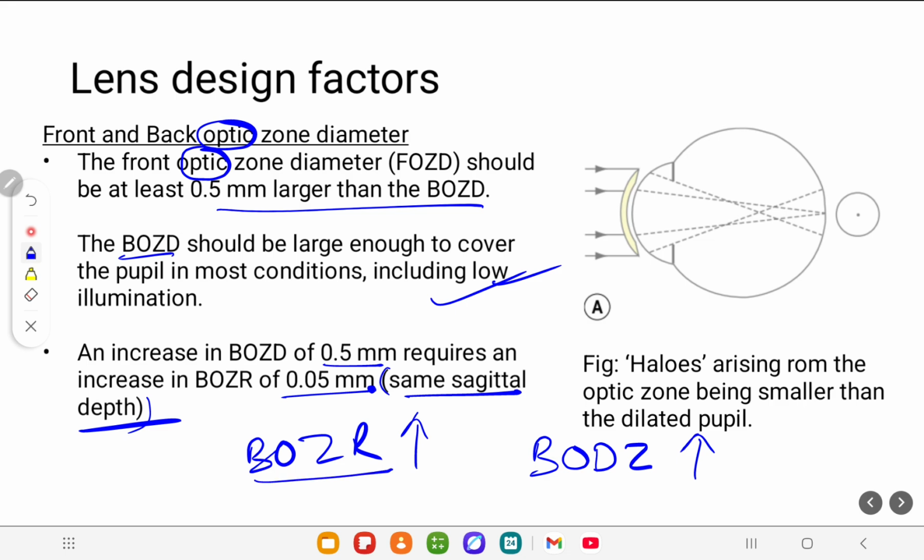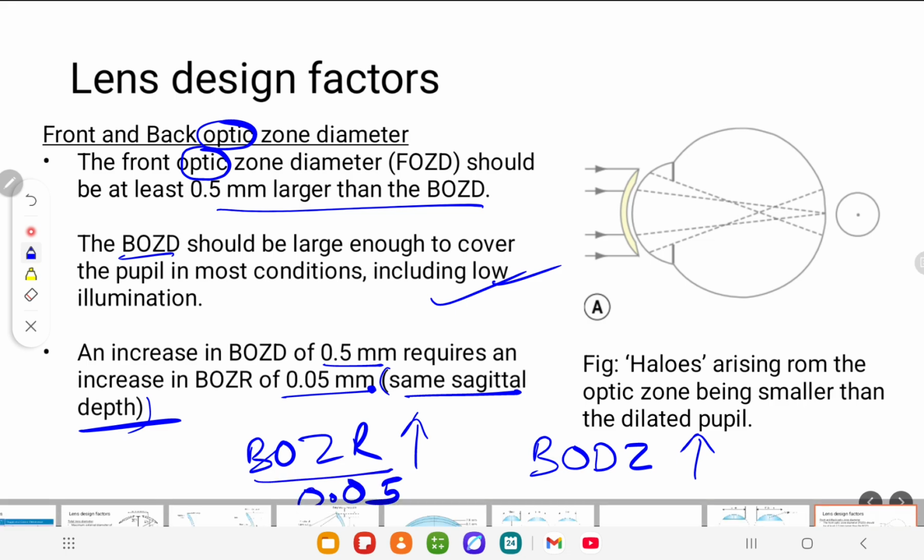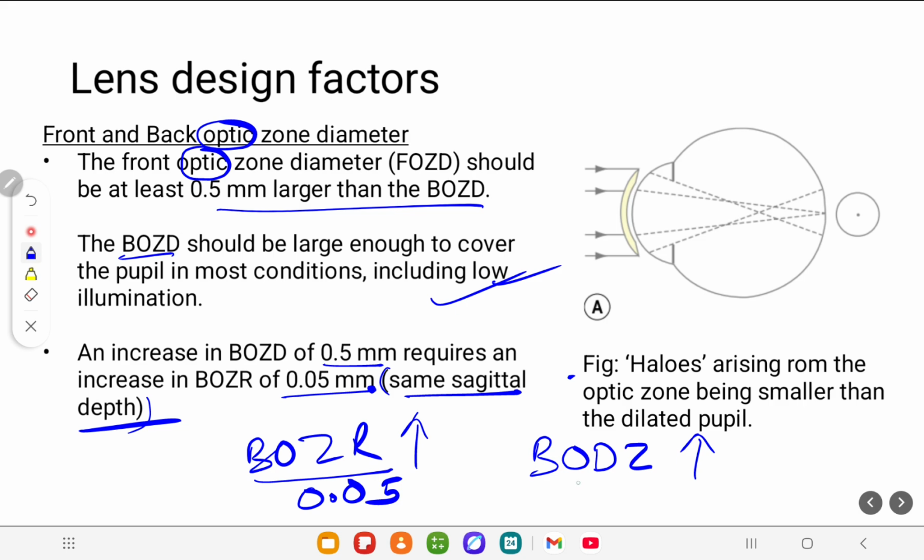So BOZR increasing by 0.05 decreases the sagittal height by the same amount as the 0.5 mm increase in BOZD increases it. That's why whenever we increase BOZD by 0.5 mm, it requires a 0.05 mm increase of BOZR. So what happens in the final analysis? Sagittal height, or sagittal depth, whatever, remains constant.